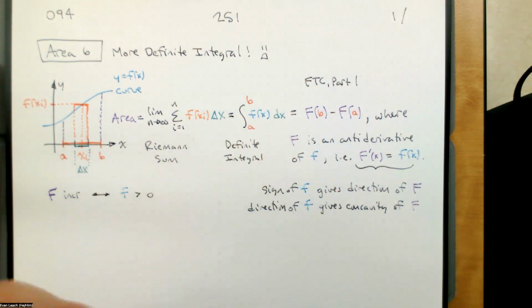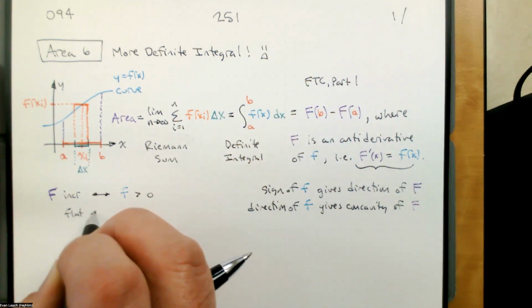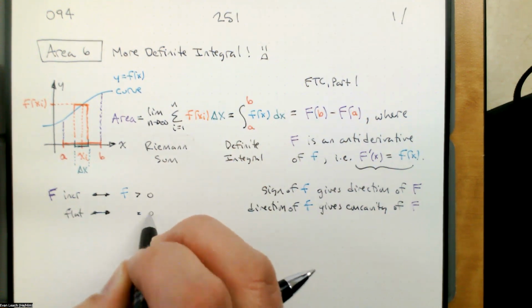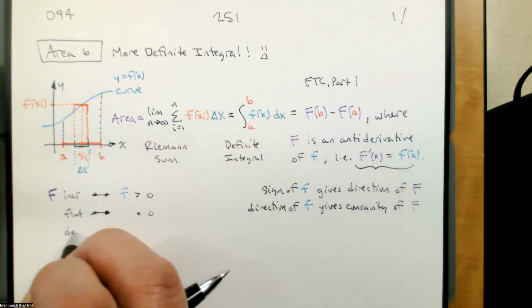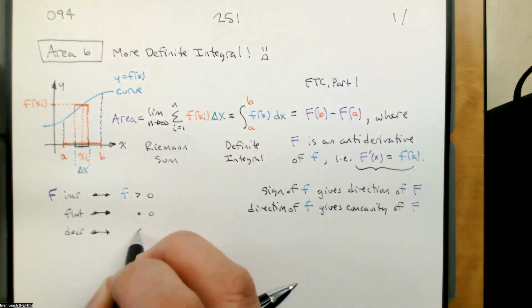If capital F is flat, that must mean that little f is equal to 0. And if capital F is decreasing, that means that little f is negative.